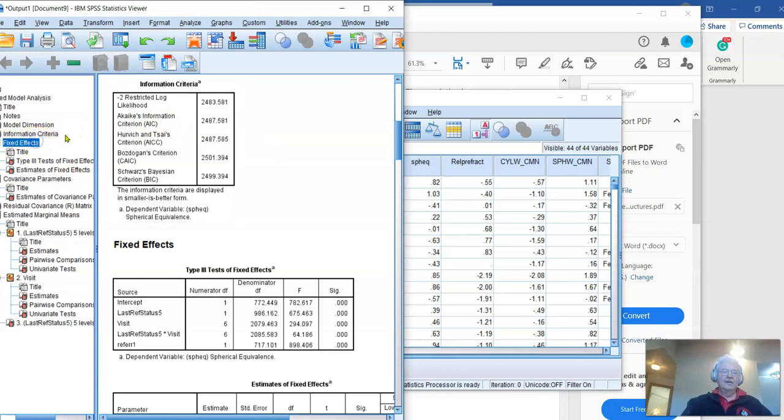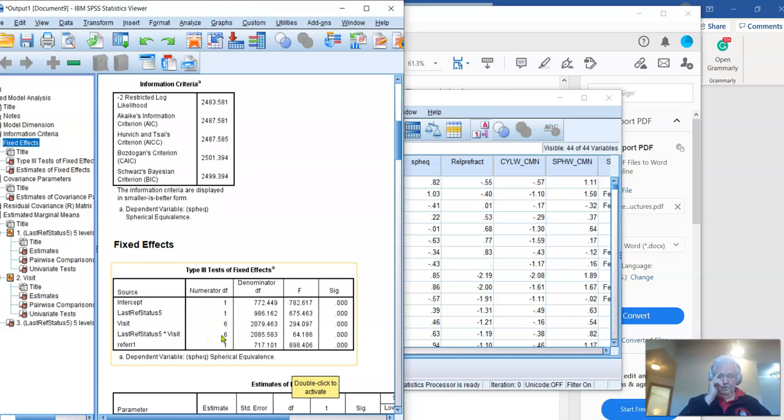All right, here then we look at our test of fixed effects. We see everybody's significant, and that is the last refractive status. There's a difference between emmetropes and myopes. There's a difference between the visits. The degrees of freedom are 6, so we have 7 levels. Last refractive status by visit, we see that interaction is different.